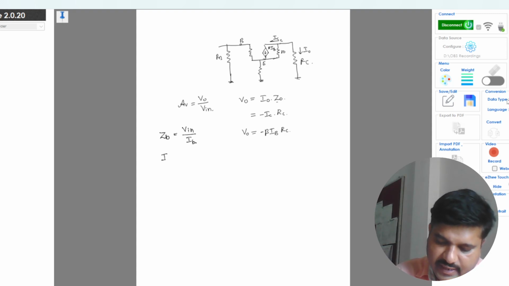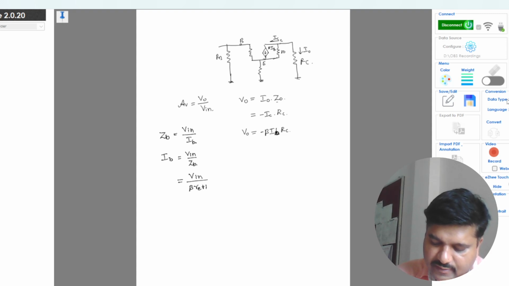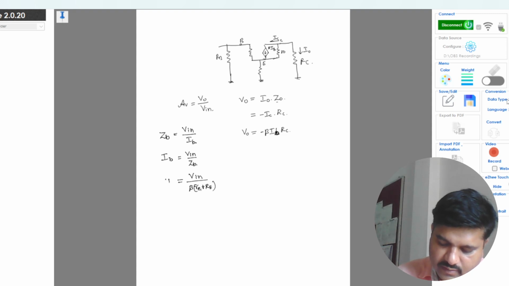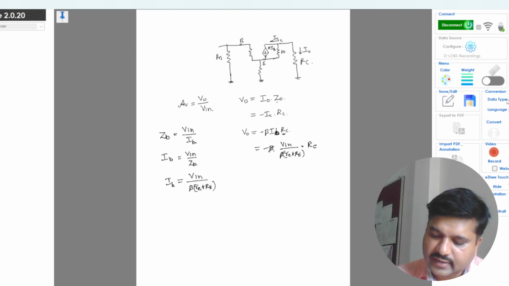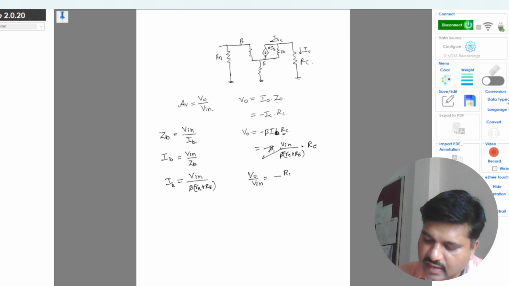So we write IB is equal to V in by ZB, and ZB we got as beta times of RE plus RE. This is my IB. Substituting here, beta into V in by beta times of RE plus RE into this RC as it is. Beta and beta cancel. Taking V in to the denominator, V naught by V in is minus RC by RE plus RE.